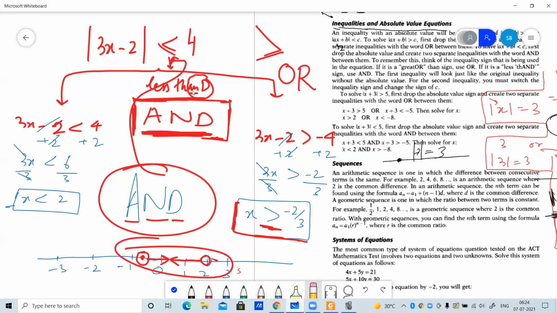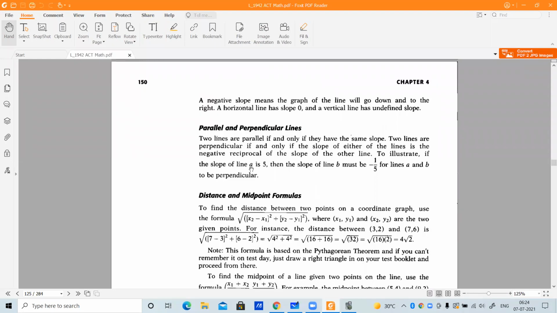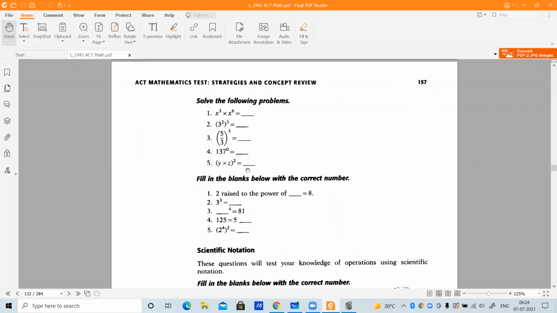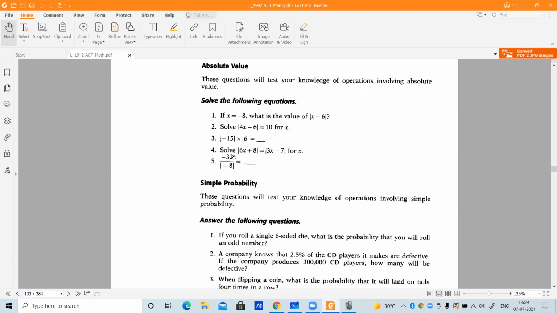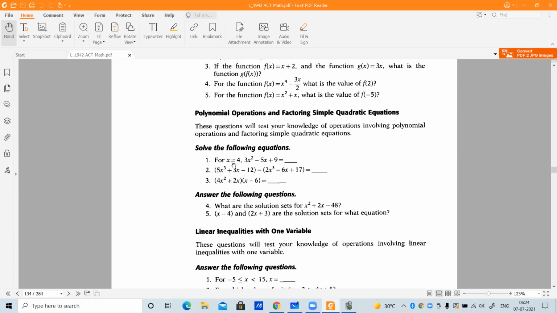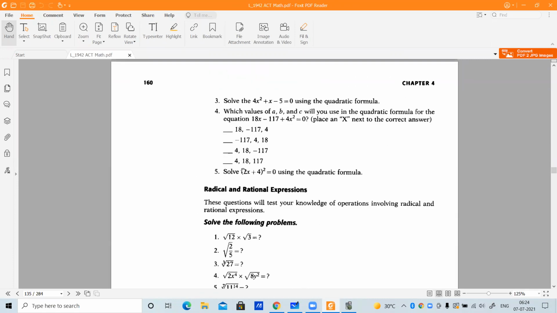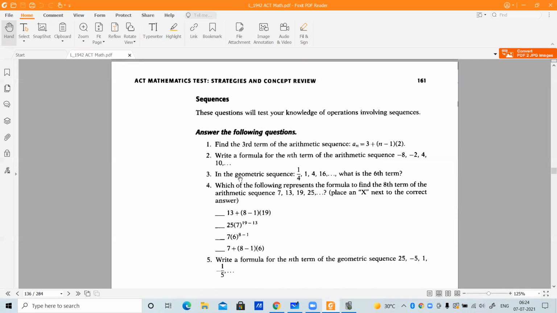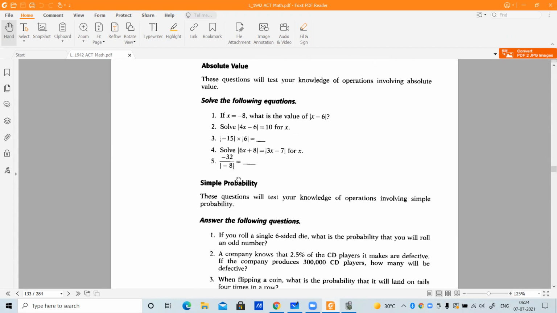Right. There are many questions related to this on page number 159.